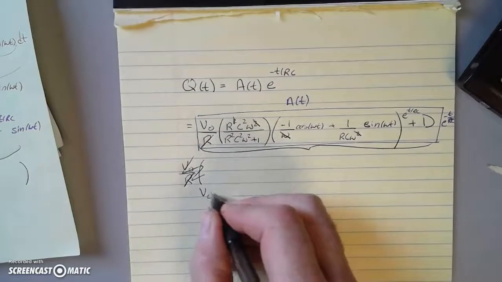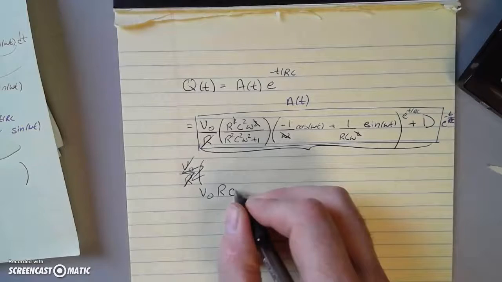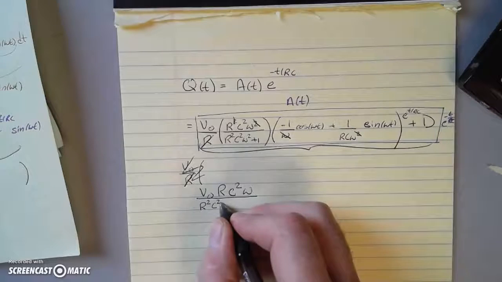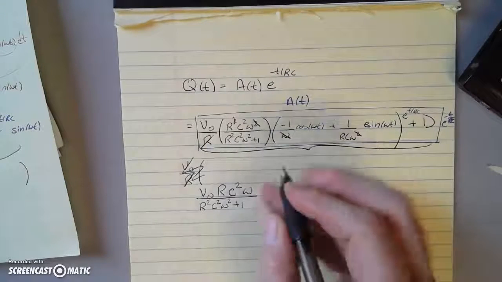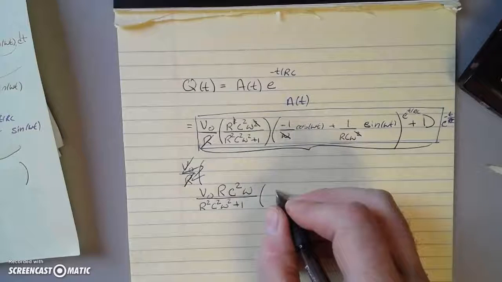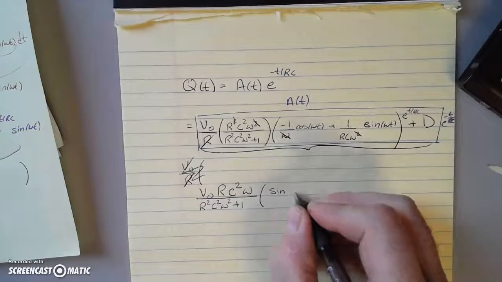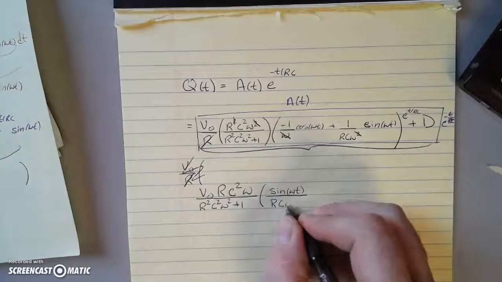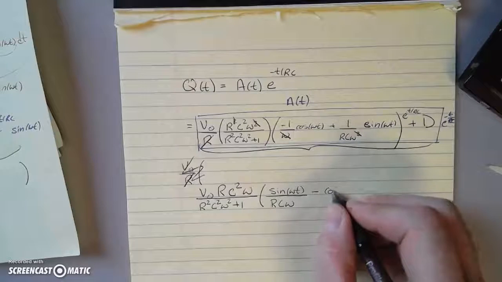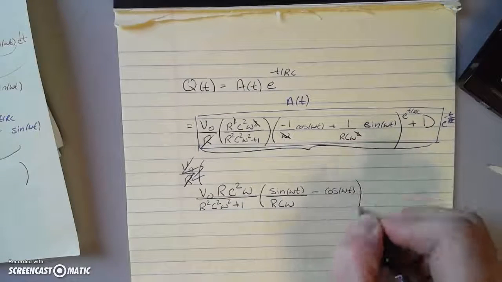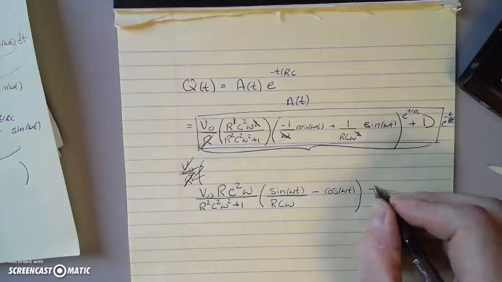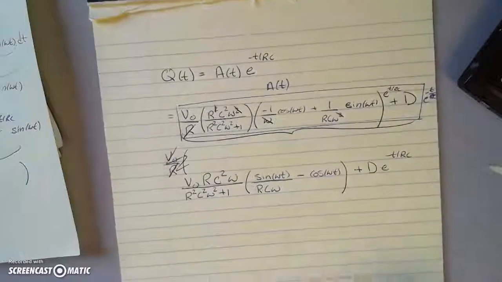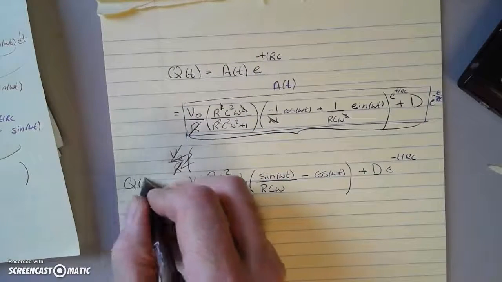So let's write it as v naught r c squared omega all over r squared c squared omega squared plus 1 times, let's clean this up a little bit, we'll say this is sine omega t over rc omega, that's unitless, minus cosine of omega t, that's unitless, plus d e to the minus t over rc. That's our general solution for the charge on the capacitor.